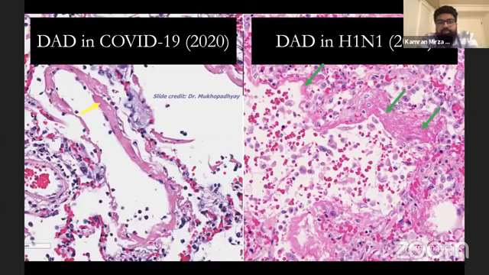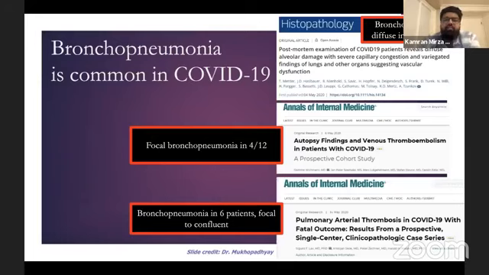But like we've discussed before, diffuse alveolar damage is the end game of a significant number of insults that can happen in patients. You can see here the contrast between the diffuse alveolar damage now being seen in this COVID-19 pandemic compared to that seen in patients who had H1N1 in 2009. These are similar findings as far as diffuse alveolar damage is concerned.